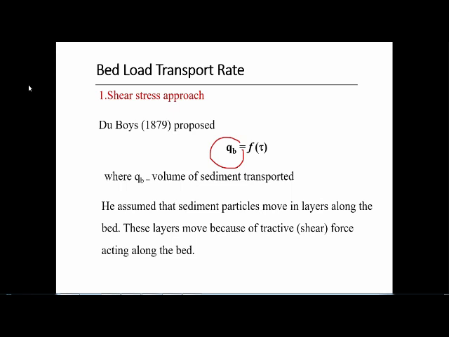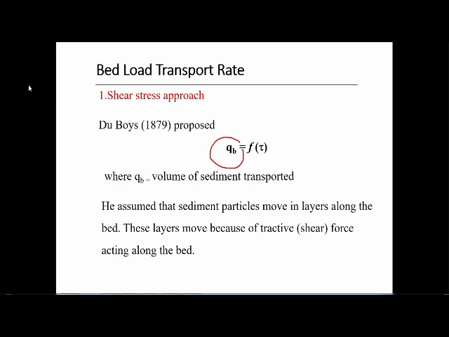What Du Bois assumed in his equation is that the sediment particles move in a layer along the bed, and this layer moves because of the tractive force or the shear force acting along the bed.